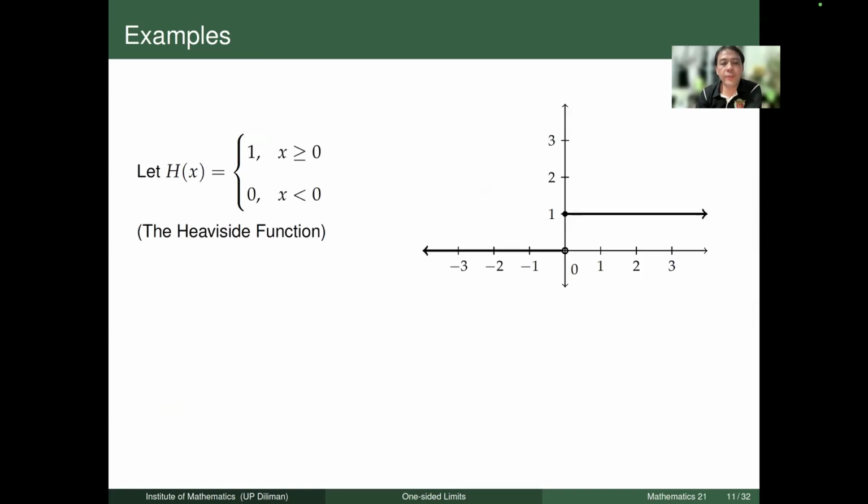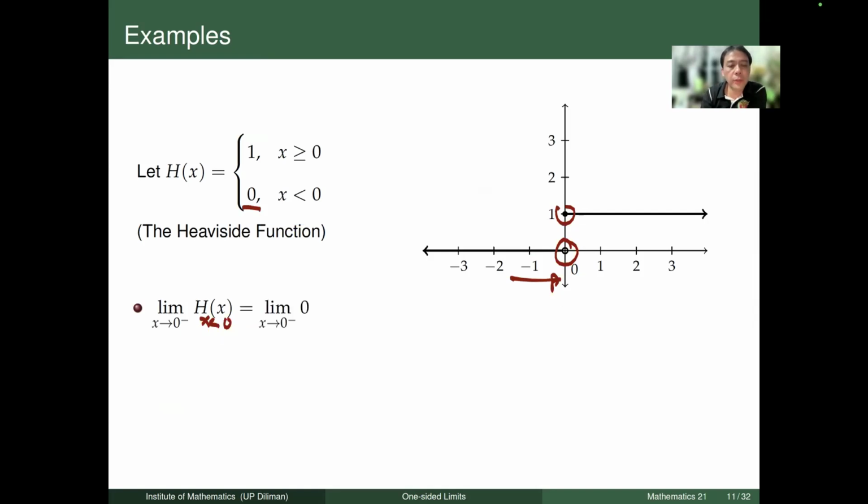Let's look at the Heaviside function. So our boundary is 0. So nagkakatalo tayo sa x is equal to 0. No? So what is the limit as x approaches 0 from the left? So from the left, dito yan, you use x is less than 0. And so x is less than 0 is h of x equals 0.